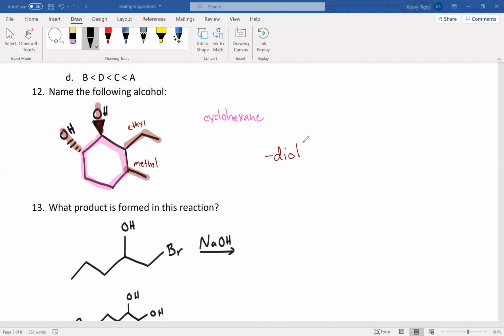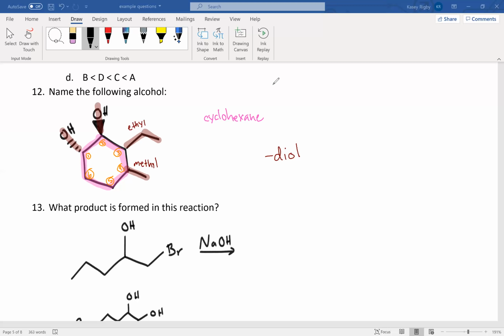Okay? So now all we have to do is number it, giving everything the lowest number possible, especially the alcohols. I'm going to start from this alcohol. So we're going to go 1, 2, 3, 4, 5, 6, because we want to give specifically the alcohols a lower number, but also we want to give everything the lowest number possible.